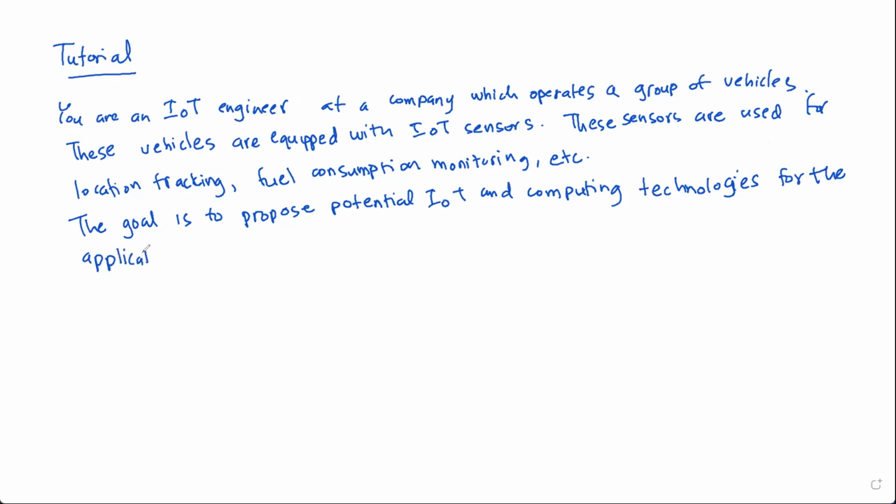You can select one application and design the most suitable cloud computing or other type of computing method that should be used for the application. So first you need to choose the application, the specific application that will require computing capabilities.